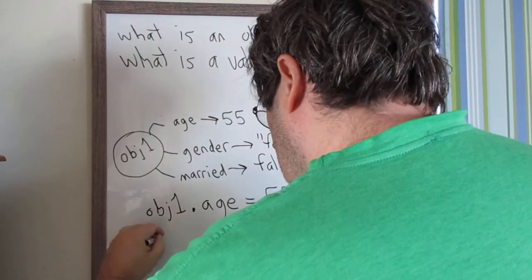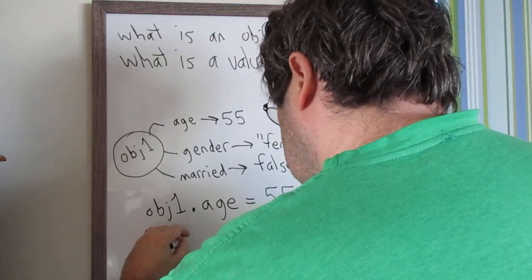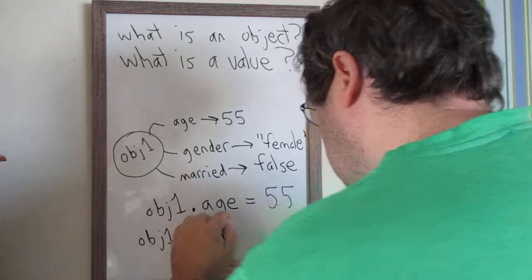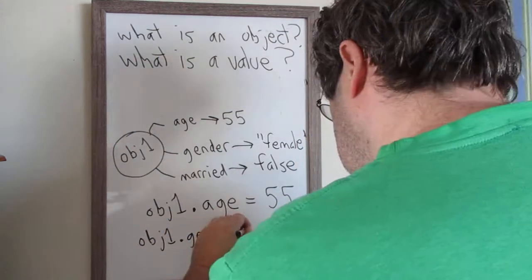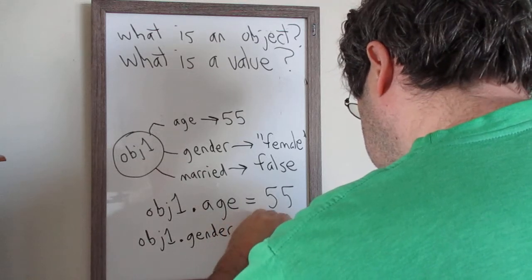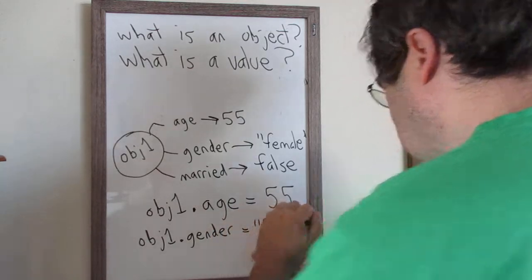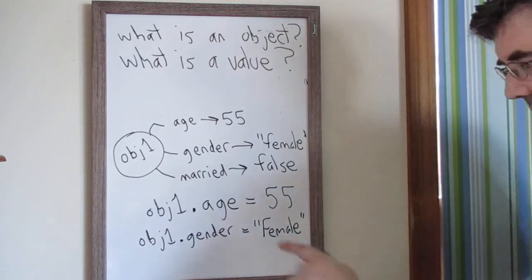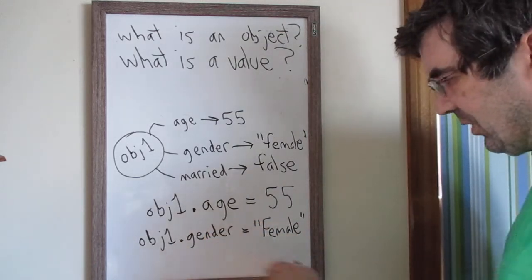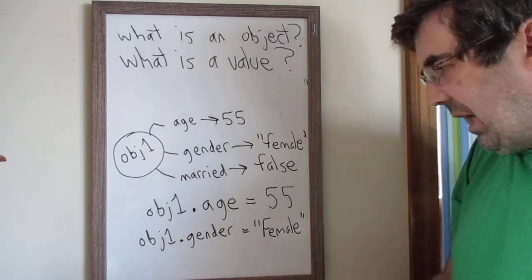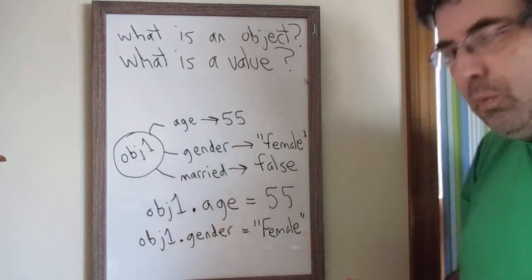Or object 1 dot gender, that's my name, equals the string female. So 55 and female are your values, and these are your names. So each property is a pair, a name value pair.